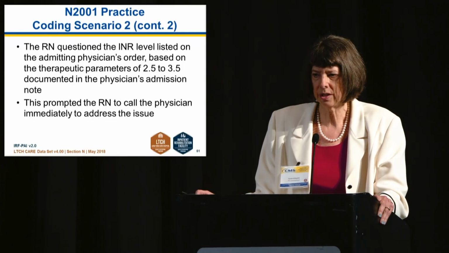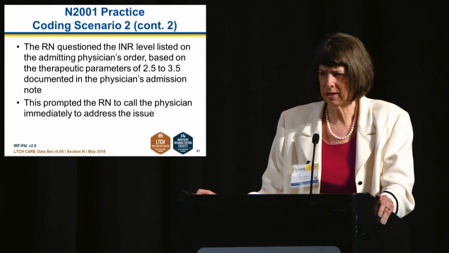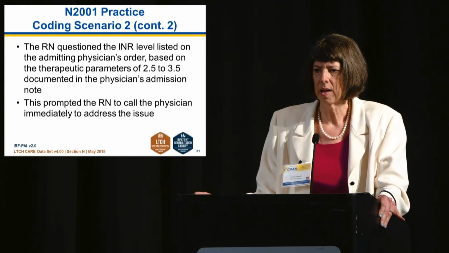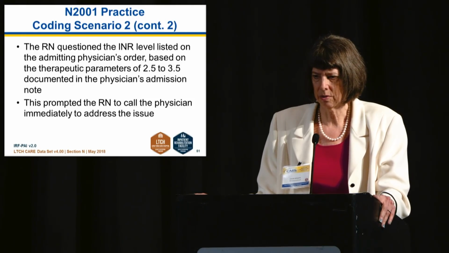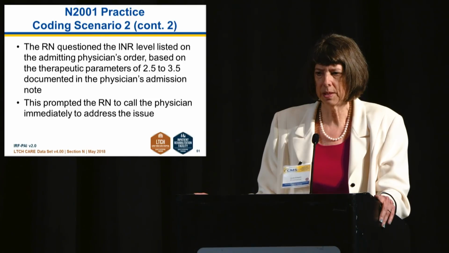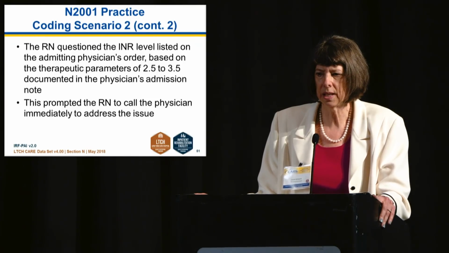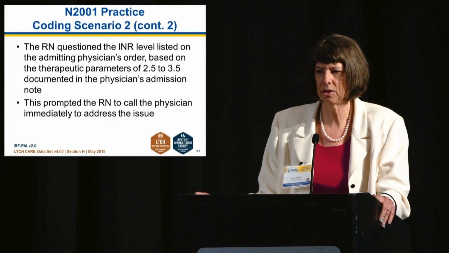The RN questioned the INR level listed on the admitting physician order, based on the therapeutic parameters of 2.5 to 3.5 documented in the physician's admission note. This prompted the RN to call the physician immediately to address the issue.